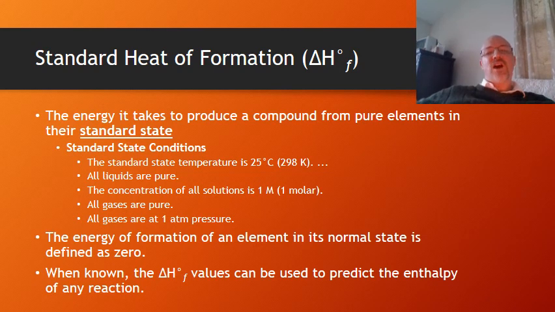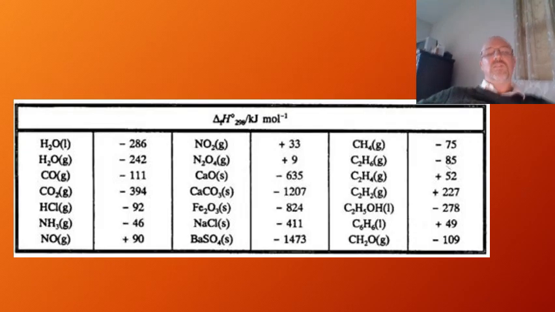So most of the common substances are table values. There's a table value. Okay, so this is just a sample that I found from a wiki page that gives you the overview of some different substances and their heats of formation.